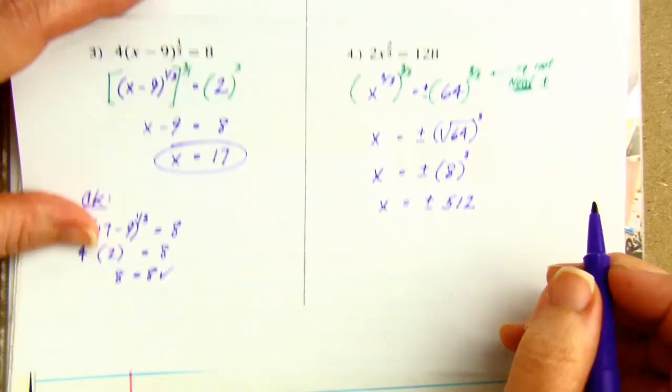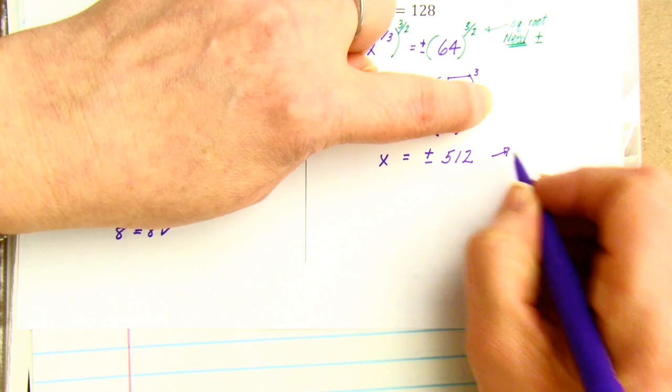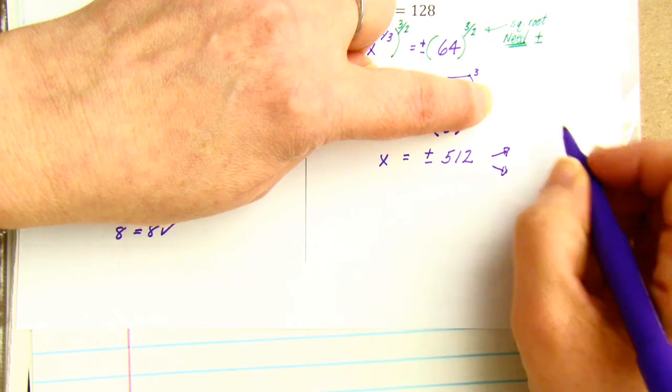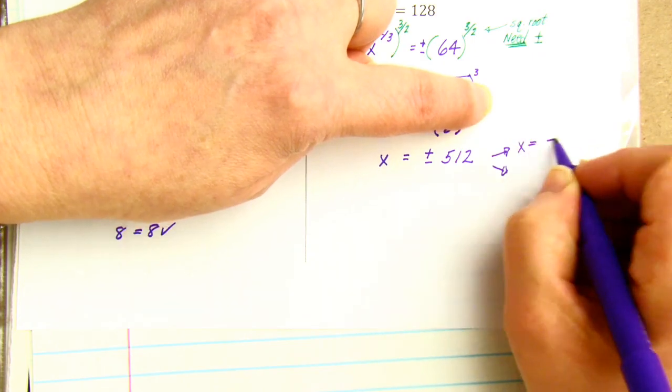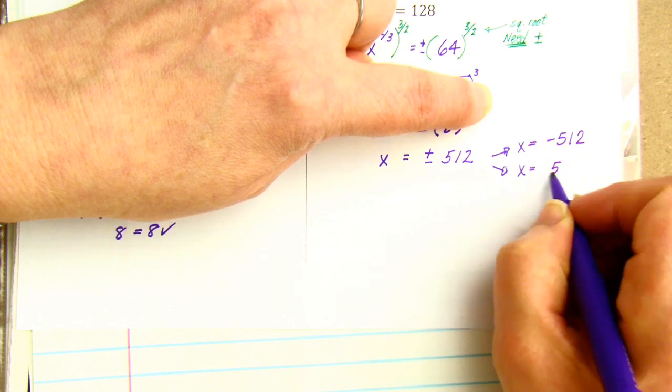So now we're going to check. We actually technically have 2 solutions here because of the plus or minus. x equals negative 512 and x equals positive 512.